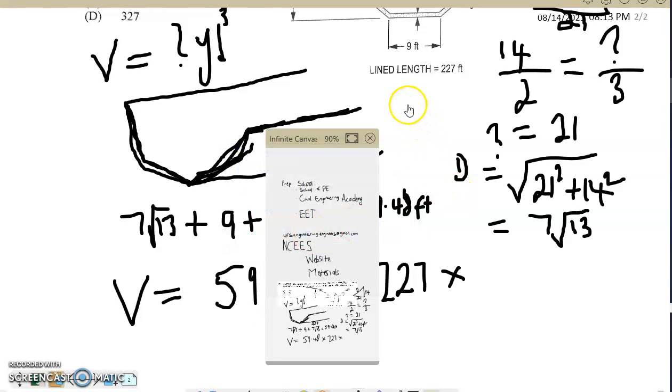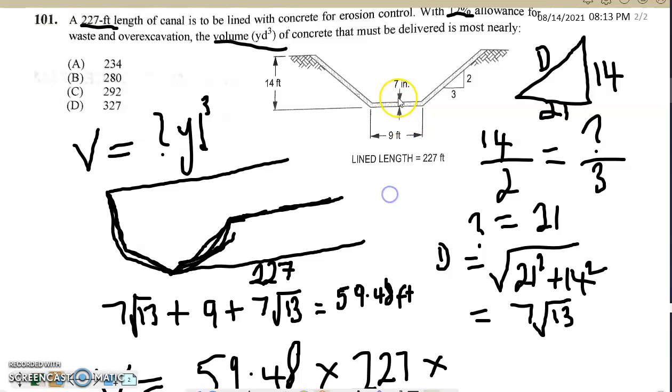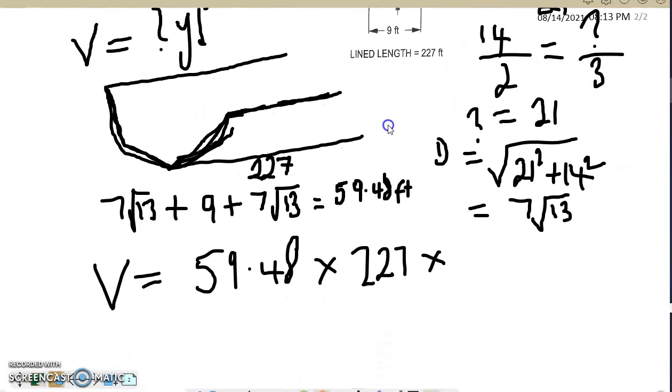Okay, I just want to make sure that everybody can see the question. Actually, it is 7 inches, not 9 inches. It is 7 inches of the concrete. So now we go back. 7 divided by 12. And all this will be in cubic feet.